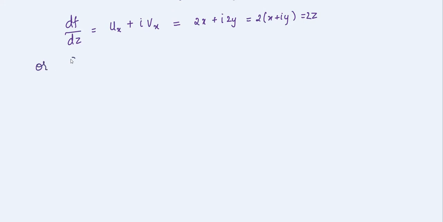Or we can approach via another path where x is constant and y varies. So let's say this is the z plane and some point we are considering.